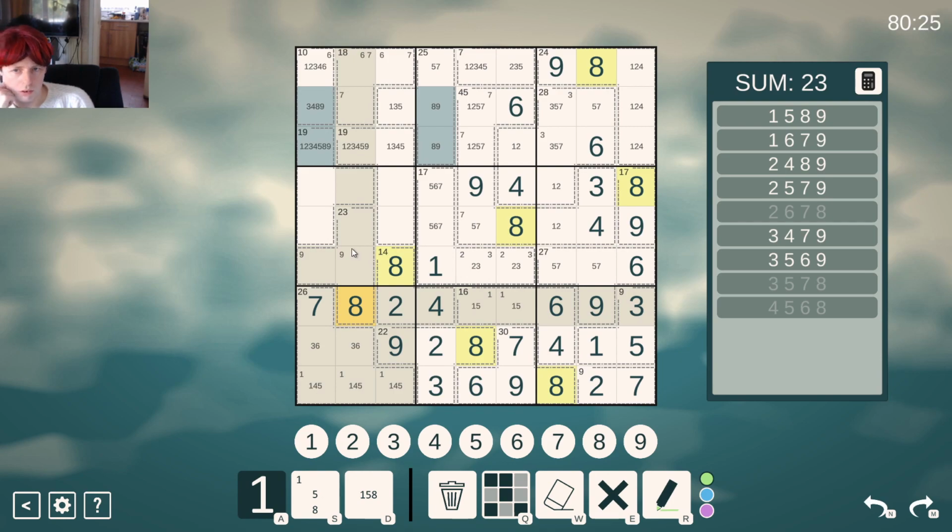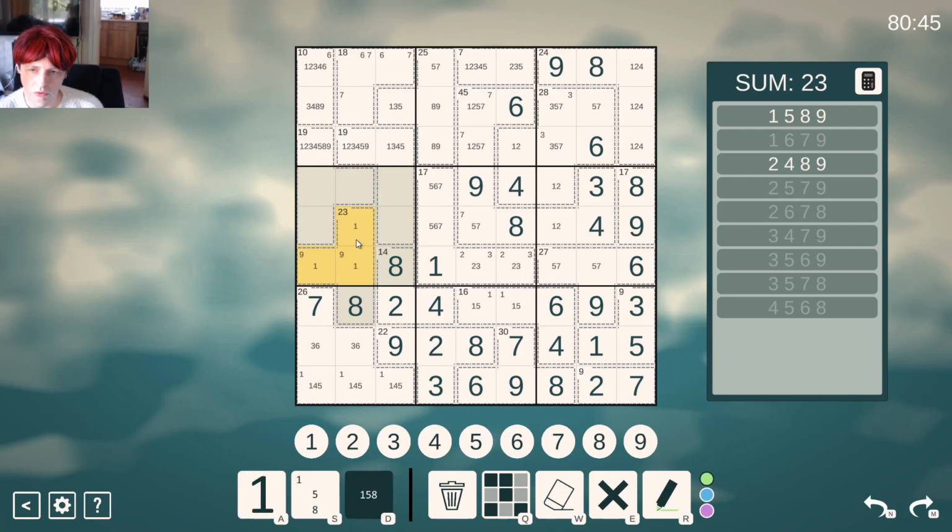So now we know this 23 cage must contain an 8. So it's either 1589 or 2489. Those is 9. We can't have a 2 along here. We can't have a 5 along here.